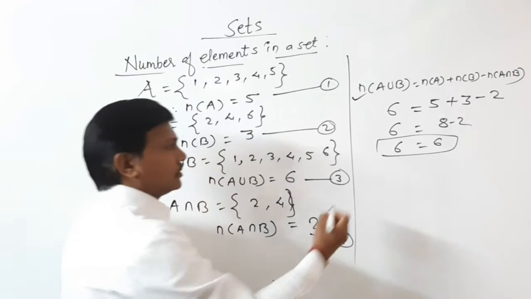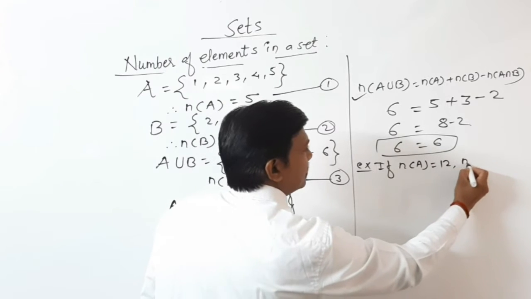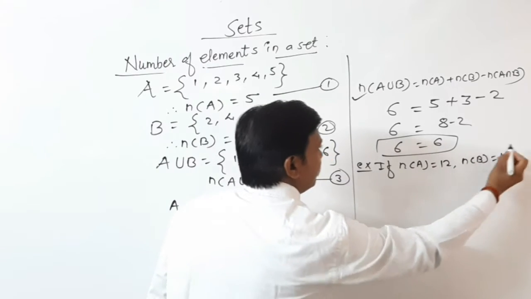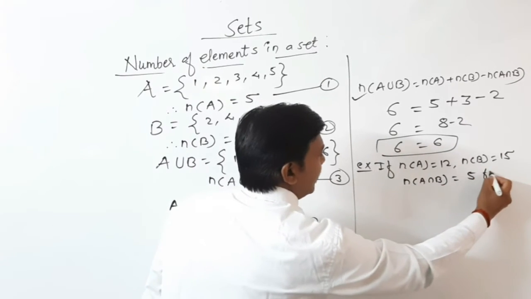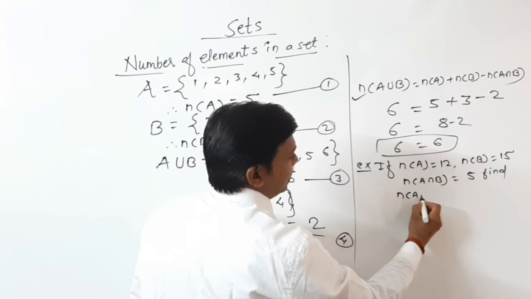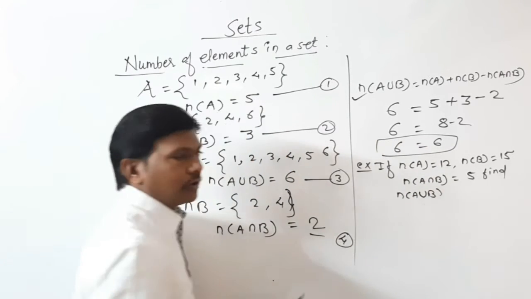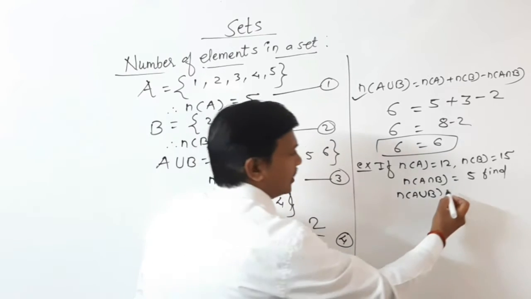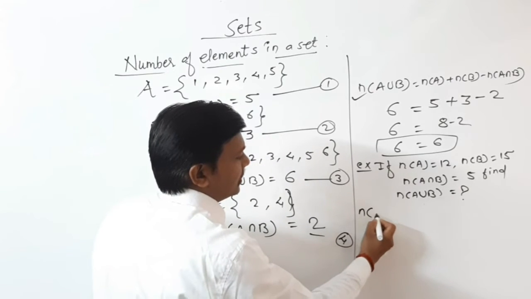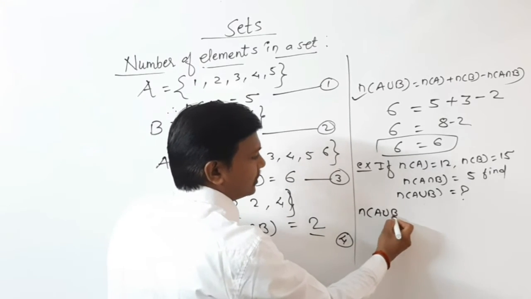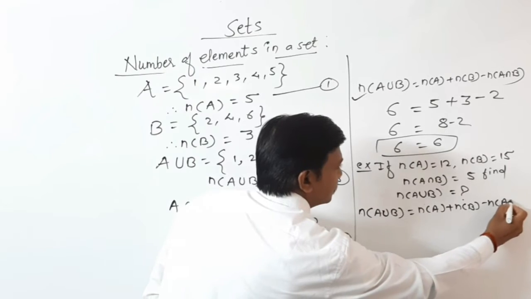And see one example. Question is, if n(A) is 12, n(B) equals 15 and n(A intersection B) equals 5, find the number of elements in A union B. So first we write the formula: number of elements in A union B is n(A) plus n(B) minus n(A intersection B).